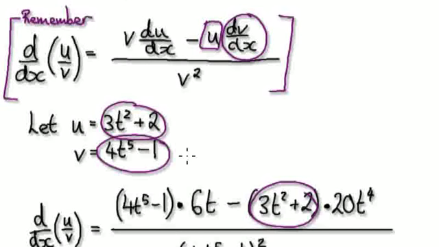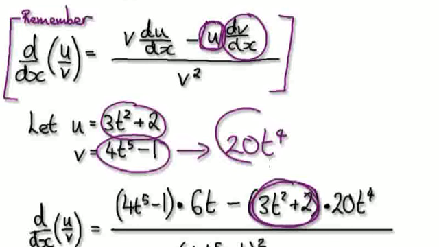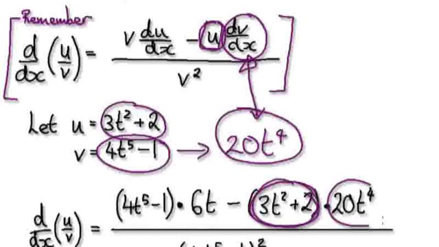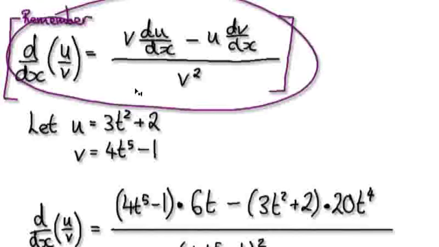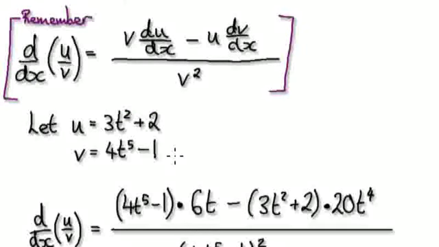When you differentiate this v, it will give you 20t to the power 4. So keep u the same, but then times this thing here. It's basically you following the whole thing. It's telling you what to do. You're just blindly following it.